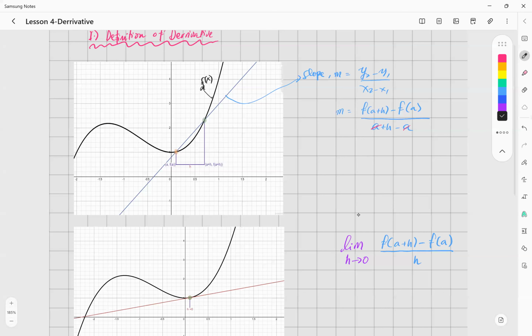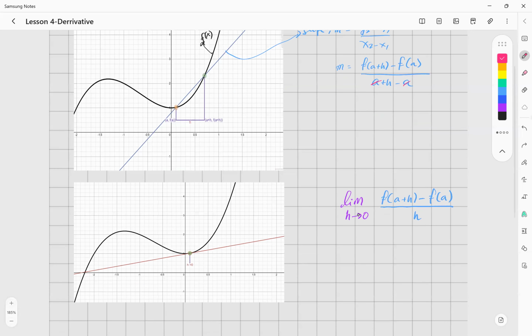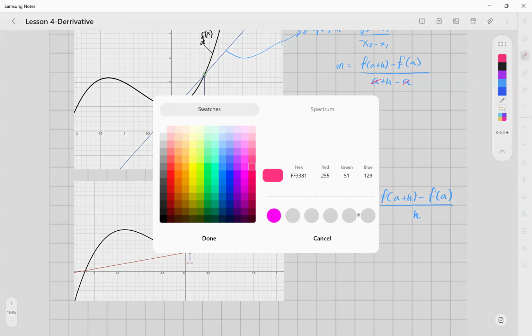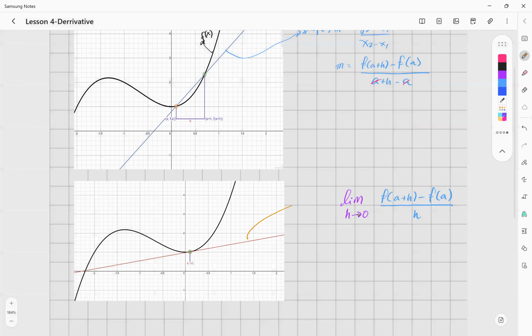This is the slope of this chocolate line over here. Okay, this is the slope for this chocolate line. This is the slope for this line of tangent.